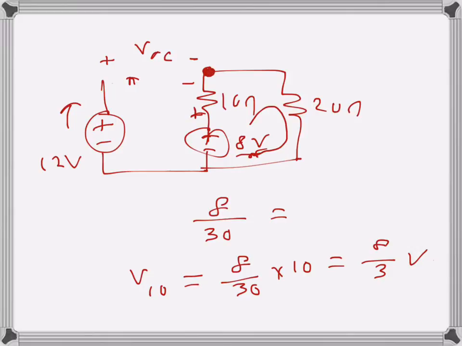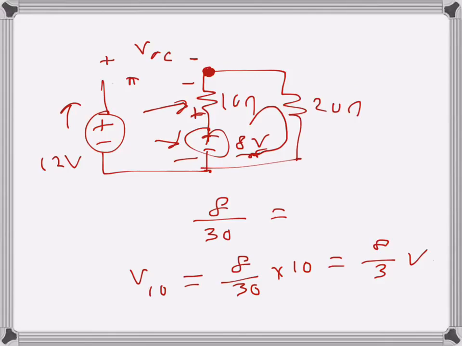That will be 8 volts minus 8 over 3 volts, because that will be the drop across the 10 ohms resistance, and here there is the rise of 8 volts. So basically that voltage will be 8 minus 8 over 3, which will be 16 over 3 volts. That's the potential at this point.